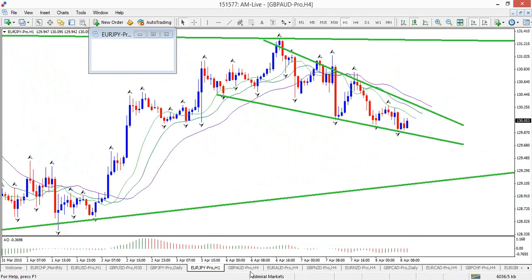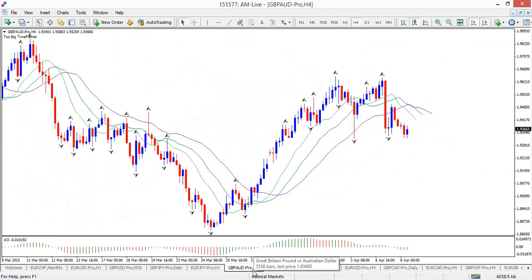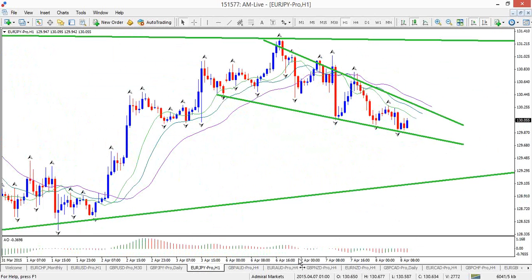For the moment does not seem interesting. Kind of a mixed picture, right? Downtrend on the daily, but 1 and 4 hour are just consolidating.